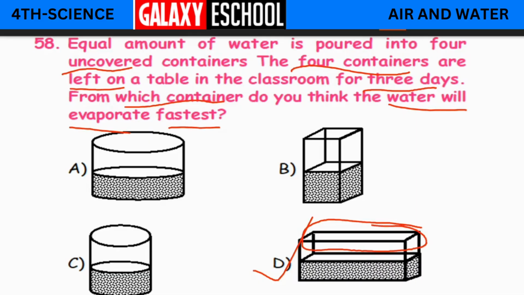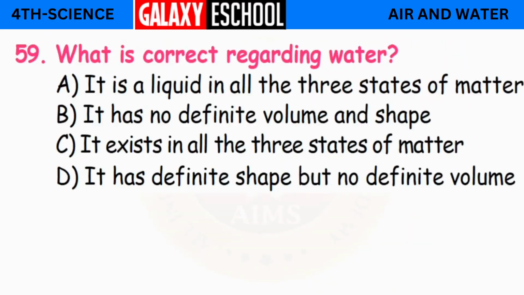The opening surface is wider when compared to the other 3. So because it has a wide opening, the water will evaporate at the fastest rate. Clear, children? So D is the correct answer.